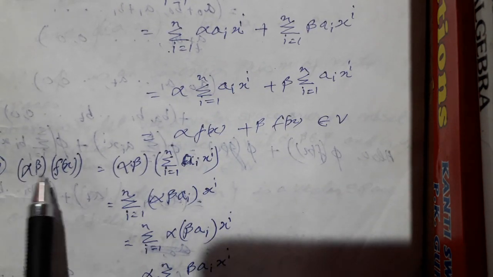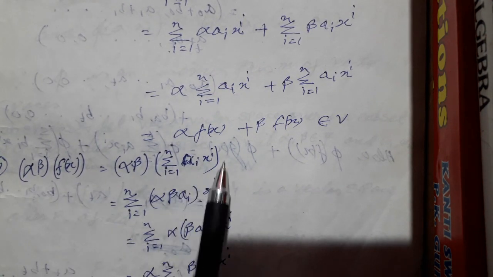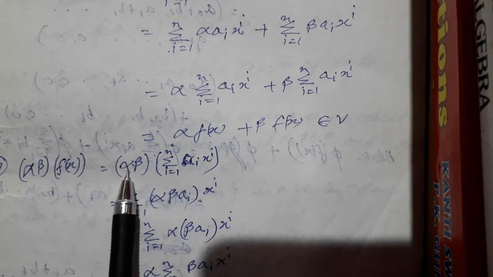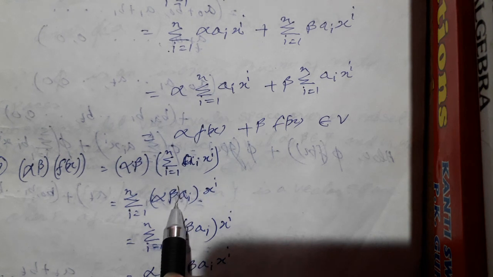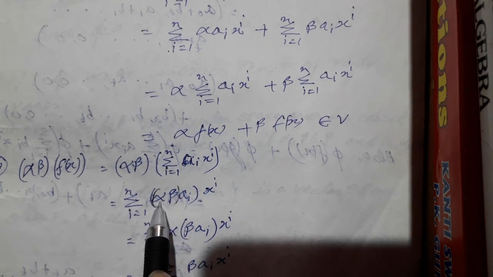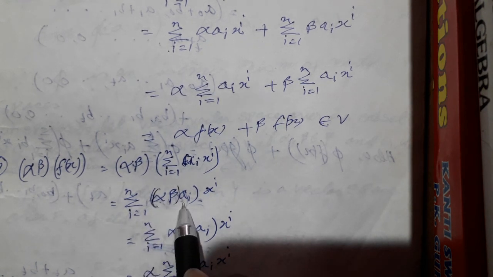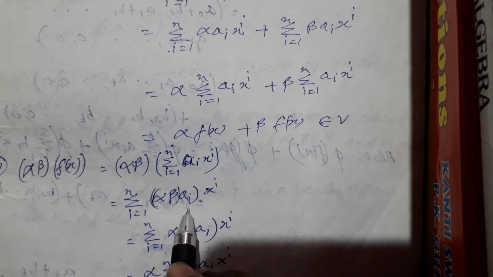Now here, (alpha beta) f(x), so alpha beta, this is your f(x). Now you multiply to the coefficient, so we get (alpha beta) a_i. Now, if you check properly, alpha is an element of the field, beta is an element from the field, a_i is also an element of the field. Multiplication is associative in a field, so we can interchange the brackets. That's why we are interchanging the brackets here.